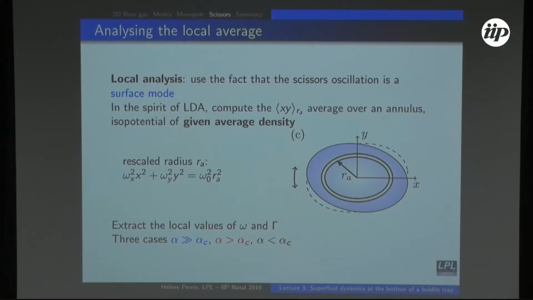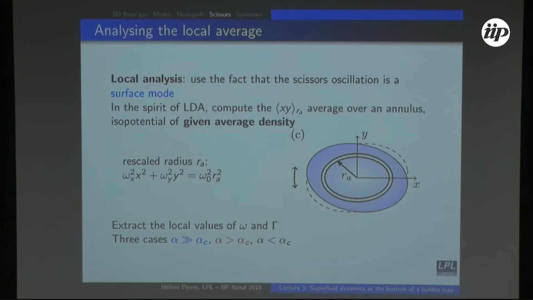And the reason why we do that is that along a thin annulus like that, we have a density which is more or less constant. So we expect to, or not, be superfluid, but at least the criterion will be the same for this annulus. And so we redo the average value of xy over only part of the gas, over the thin annulus.